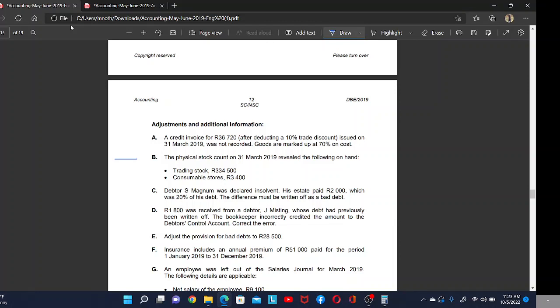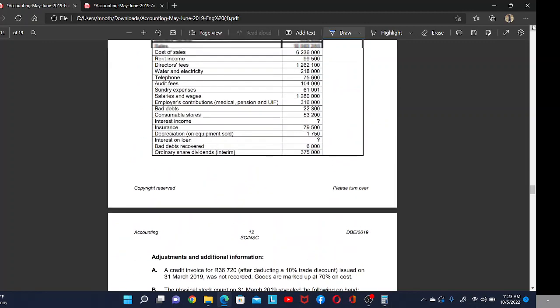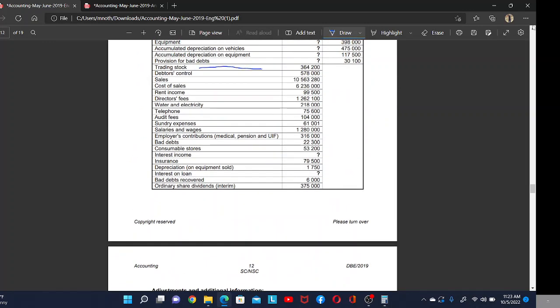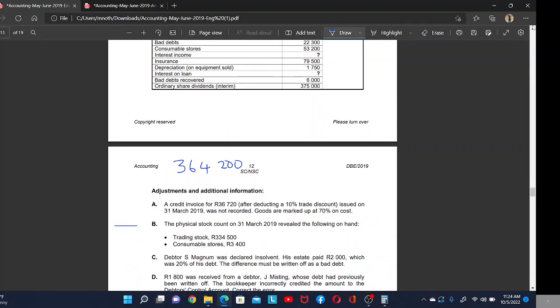The physical stock count on 1 March 2019 revealed the following. Let's go to our trading stock. How much is our trading stock? The trading stock is 364,200. Remember, there was a transaction that was not recorded. We sold the goods on credit, but this was not recorded. So if we are selling the goods, obviously the trading stock will decrease by 24,000, the money for the cost of sales.